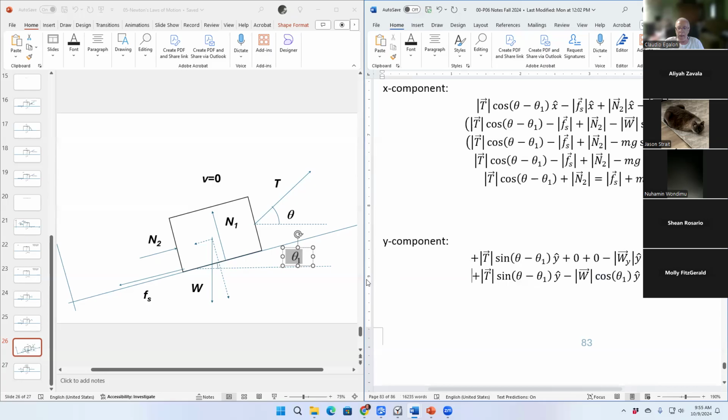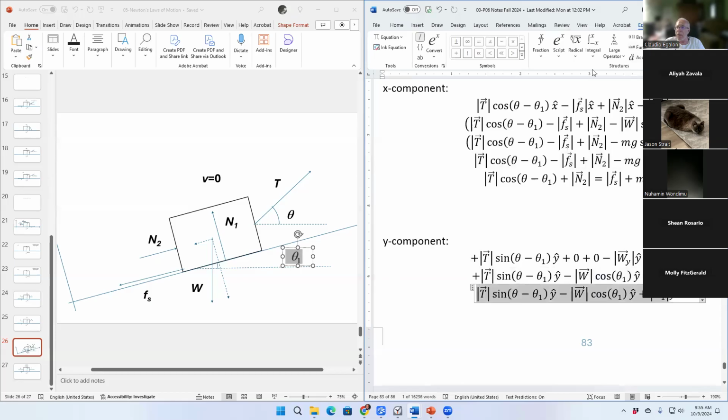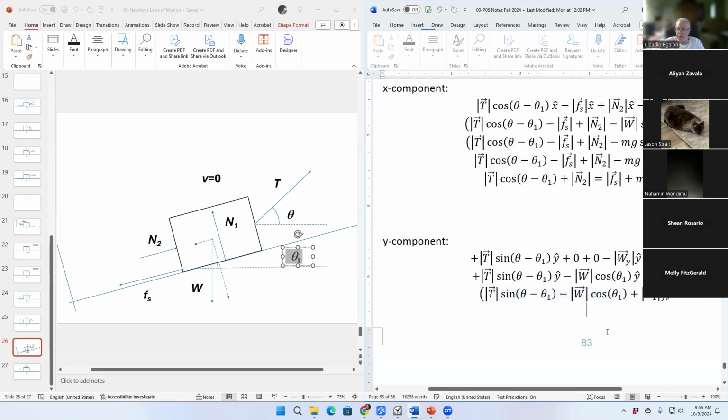Okay, we factor the y hat in this vectorial equation. Erase, erase.